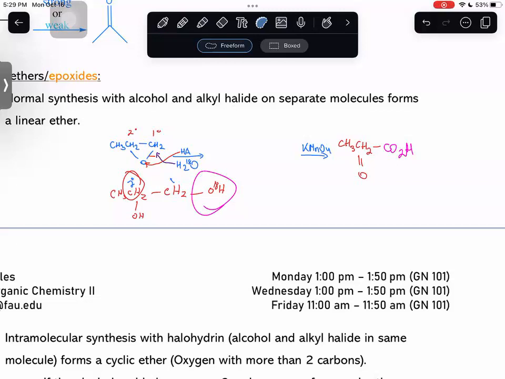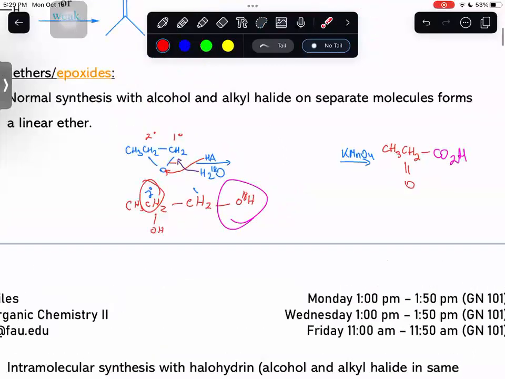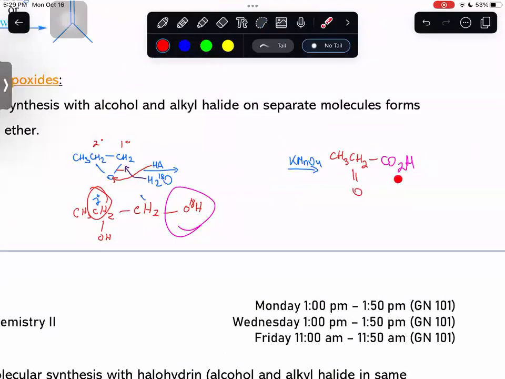Hopefully we're starting to remember a little bit. If it's a strong oxidizing agent, it's to a carboxylic acid. If it's weak, aldehyde. And it also depends on the degree, exactly. This is just showing the transformation from primary alcohol to carboxylic acid.